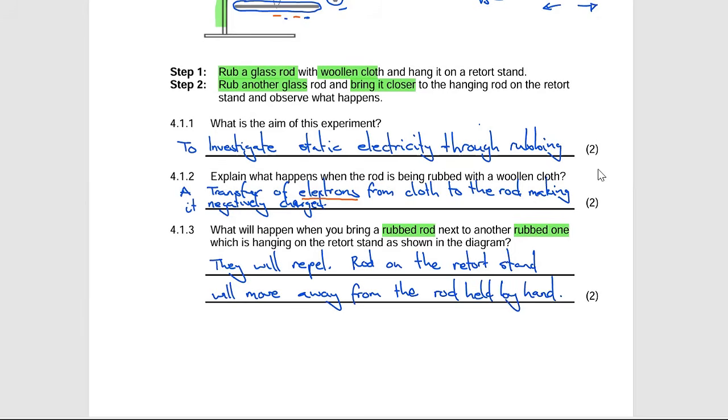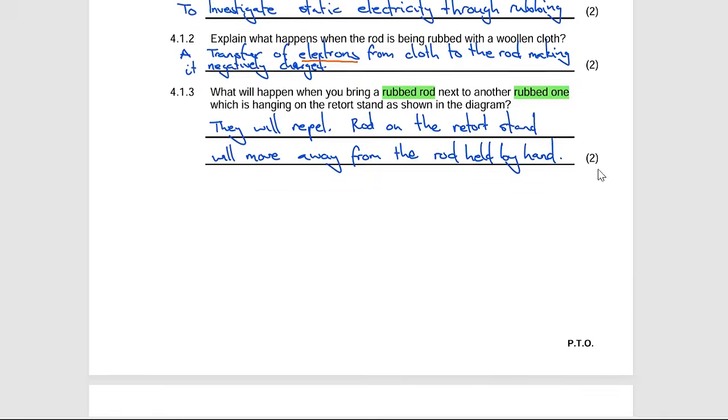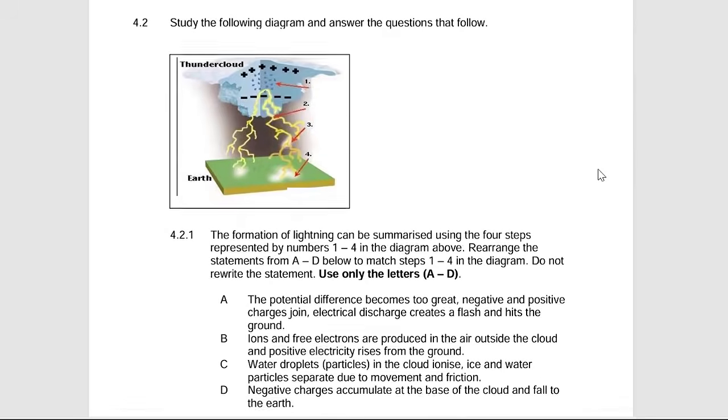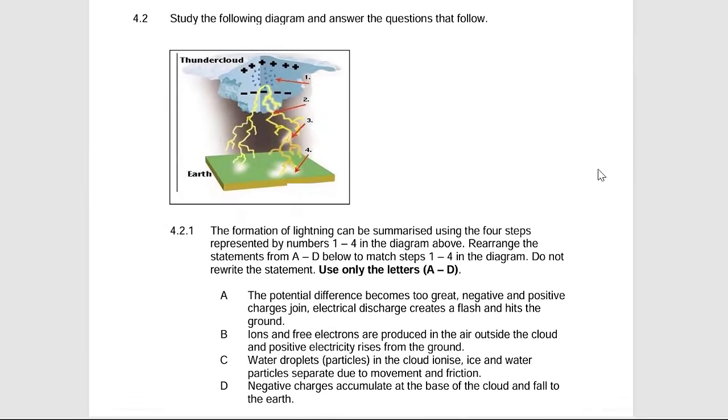Okay, so this is how we're supposed to attempt 4.1.3. Then we proceed to 4.2. It says study the following diagram and answer the questions that follow. The formation of lightning can be summarized using 4 steps, represented by the numbers from 1 to 4 in the diagram above.